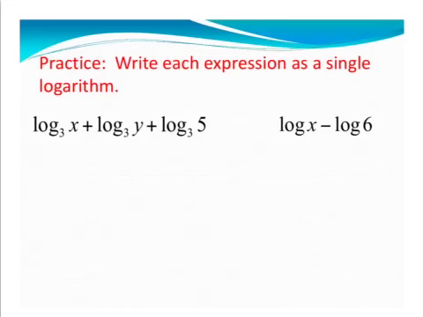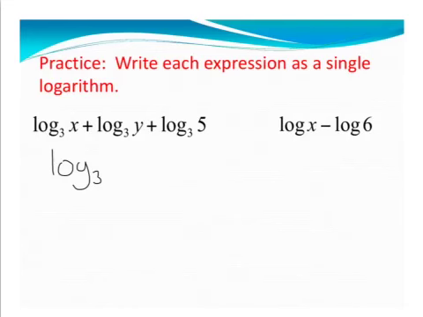Alright, so we're going to write these as a single logarithm, so we're going to be condensing the logarithms. We want to put it into one log base 3, so our goal is to have just log base 3 of something. Because it's all addition, there's no subtraction here, when we condense it, it becomes multiplication.